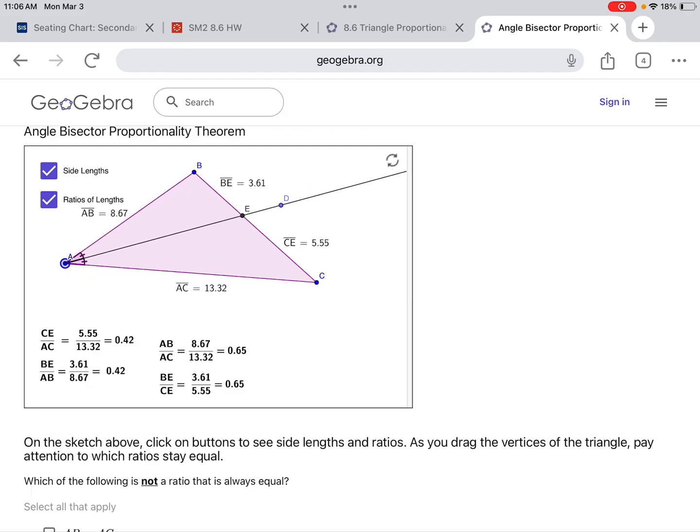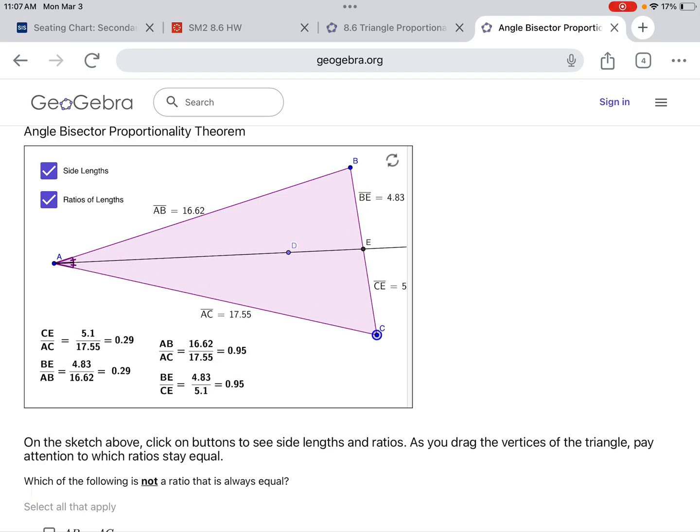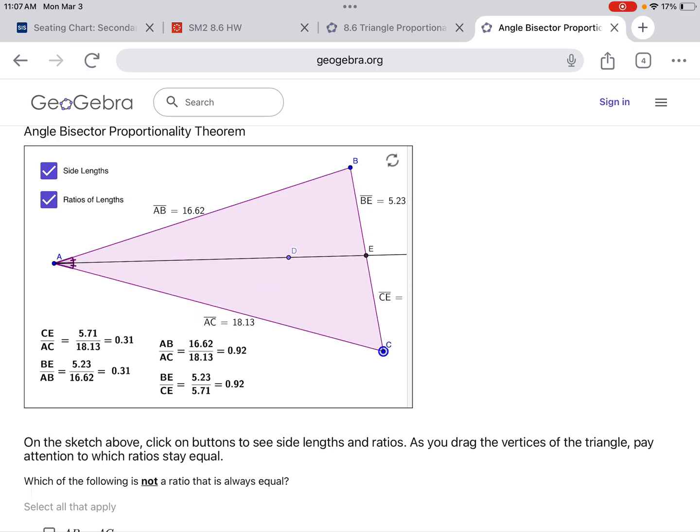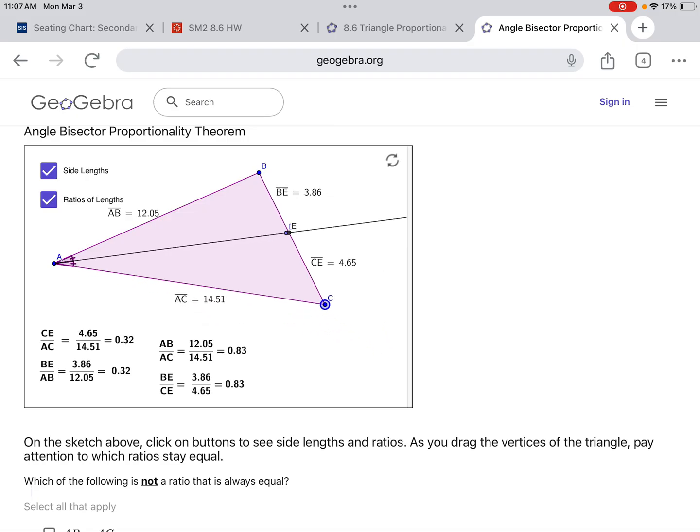So you can play around with this. You're supposed to be able to move this out, but maybe not. Oh yeah, there we go. Okay, so however you move this, it'll show you that these ratios stay equal.